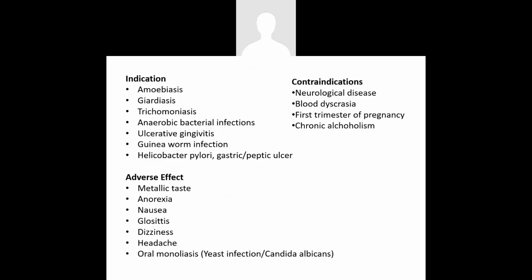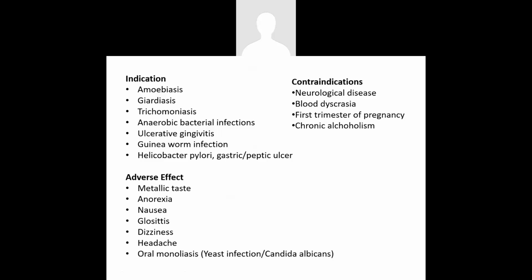Helicobacter pylori, and so it is used in combination for the treatment of gastric and peptic ulcer. The side effects include oral moniliasis, metallic taste, nausea, vomiting, anorexia.